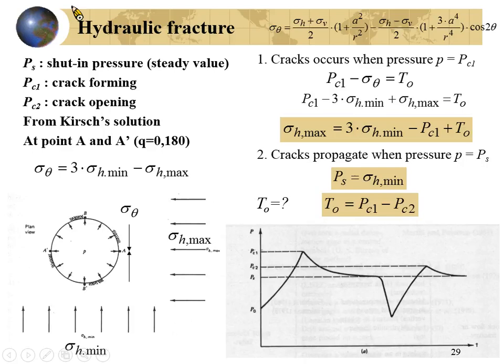We try to use the impression packer, lowering it down and pressurizing it, with some stamps to record the fracture orientation. Or we use the borehole camera, lowering it down to scan the borehole at the segment where you make the experiments, and you can find the orientation of the fractures.